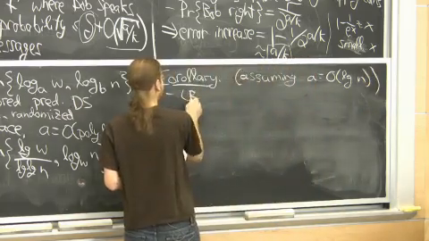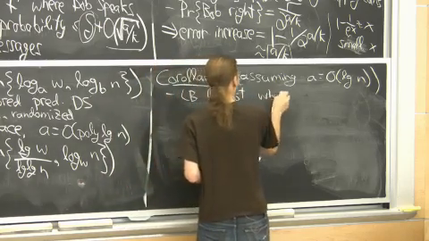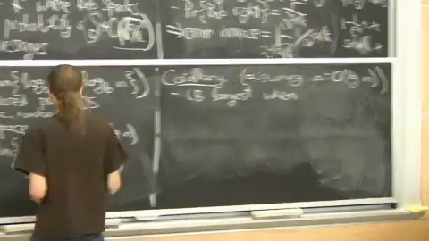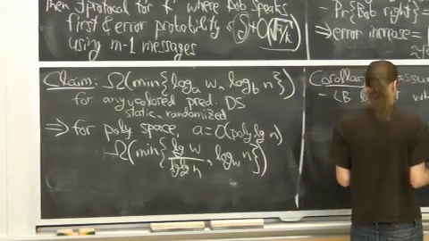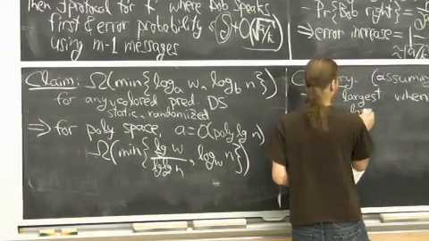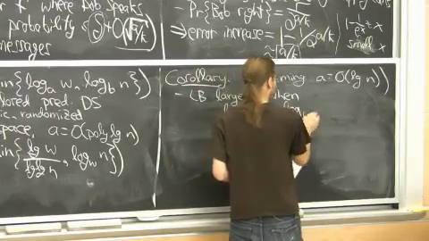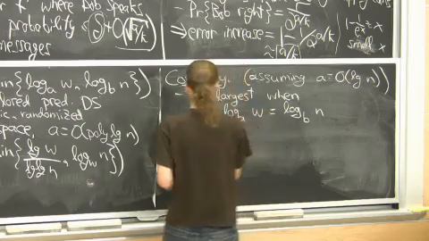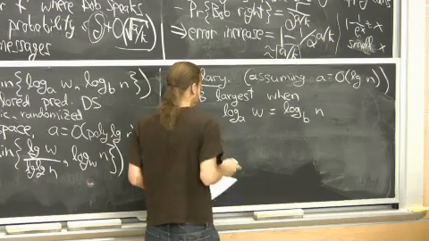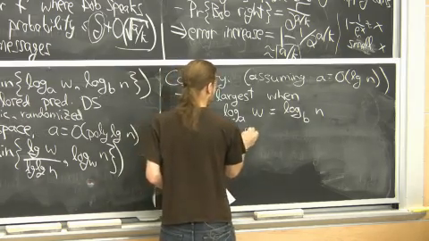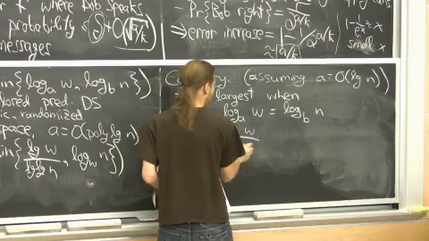Then the lower bound will be largest when the two terms in the min are equal. So log base A of w equals log base B of n. That's these two guys. So this is log w over A, which is order log n.